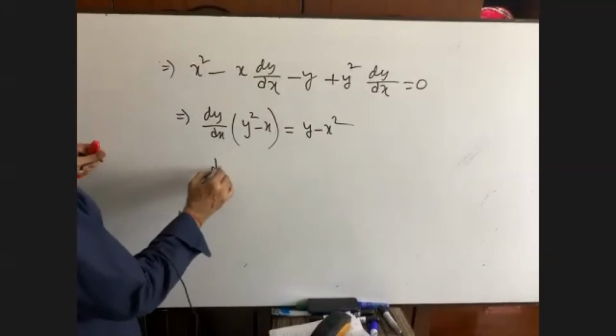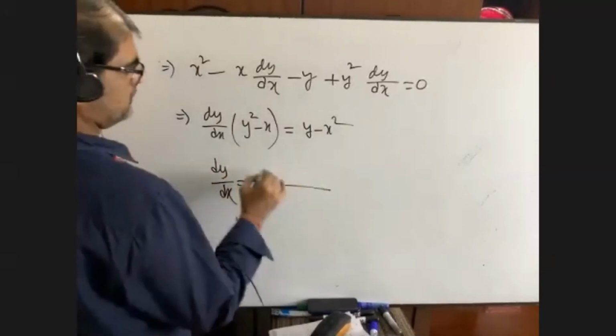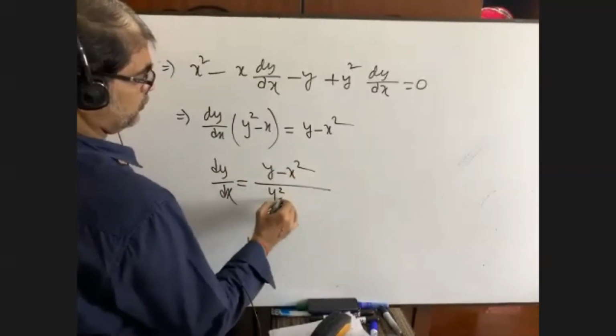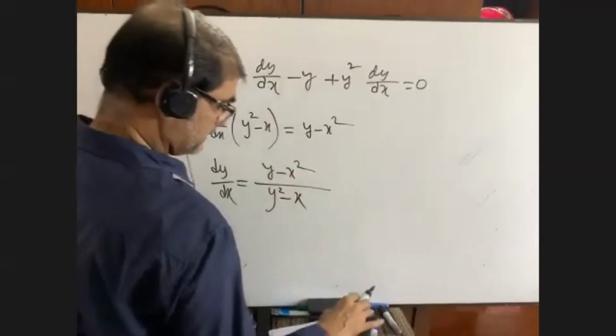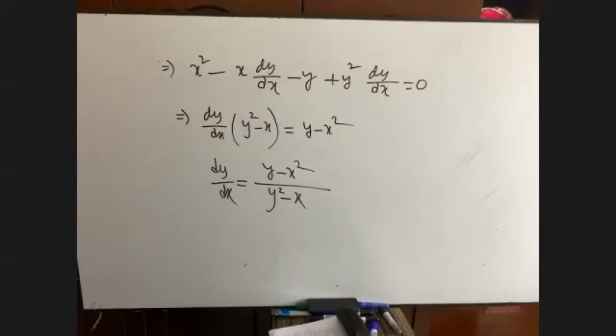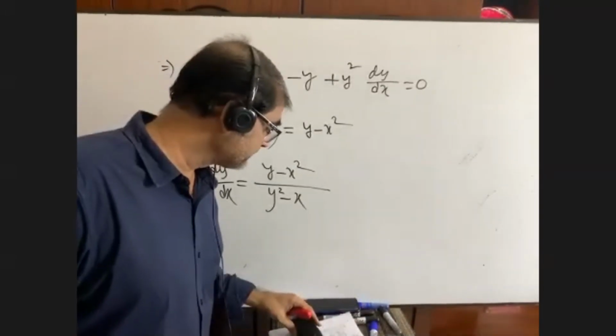That means dy by dx is equal to y minus x square over y square minus x. And yes, we have the answer. Is it hard? Every math is of that type or same type.